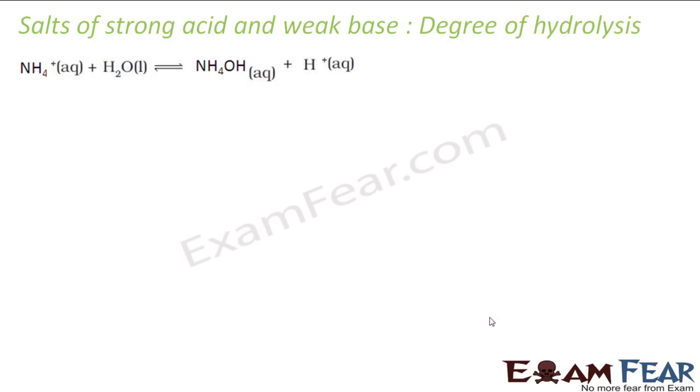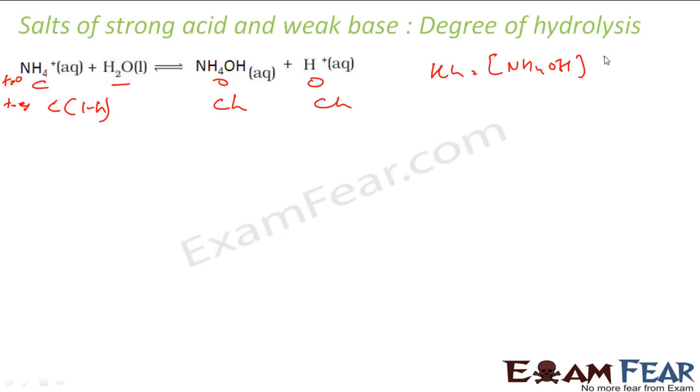Now let's try to find the degree of hydrolysis for this. Similarly, the initial concentration is C here, ignore this part, this is 0, this is 0, at t equal to 0. At equilibrium, this will become C into 1 minus h. Instead of alpha, use h here. This becomes Ch, this becomes Ch. So my Kh is what? Concentration of NH4OH, concentration of H plus, divided by the concentration of NH4 plus.